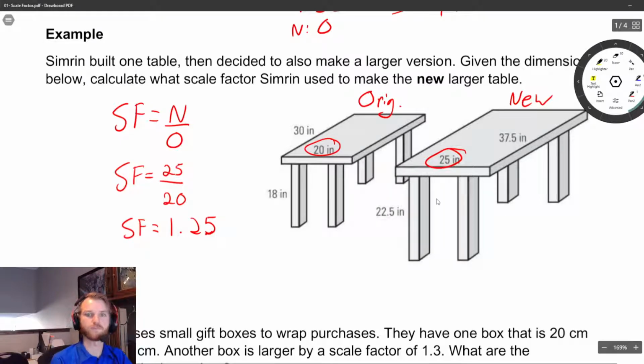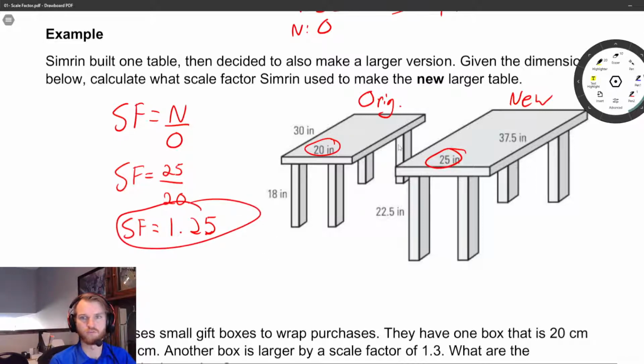Okay, 1.25. So all of our original measurements are being multiplied by 1.25 to get our new measurements. This is the final answer for our question. But sometimes you'll then be asked to use that scale factor that we found to find a missing measurement. So we'd have to take a side and multiply by the scale factor and so on.